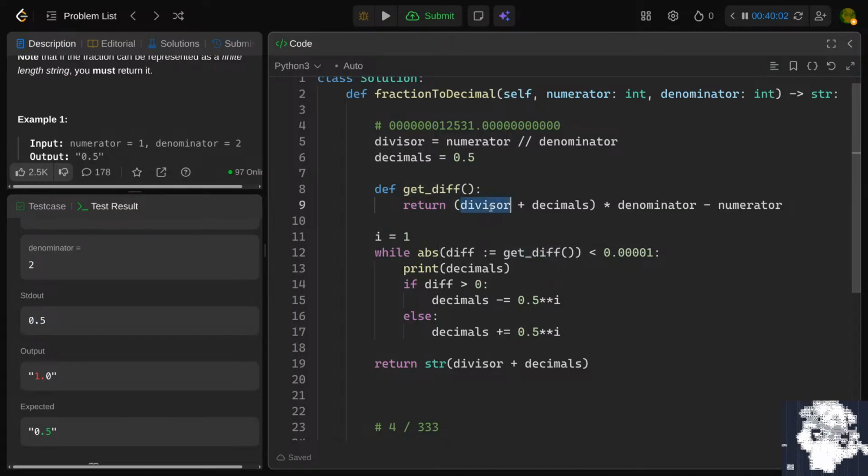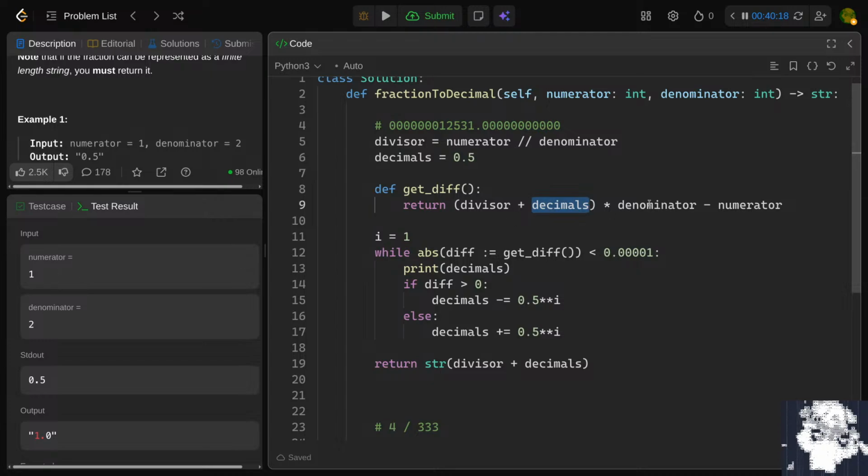Get diff will give divisor, which should be 0, plus decimals, which should be 0.5, times denominator, which is 2, so that should give 1, minus numerator, which is 1, so that should give exactly 0, which is less than this. So we shouldn't have gone into the while loop.